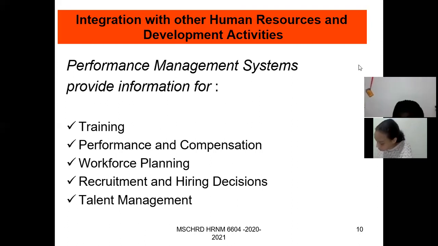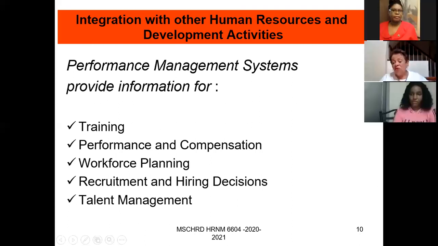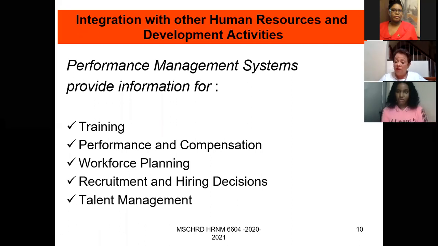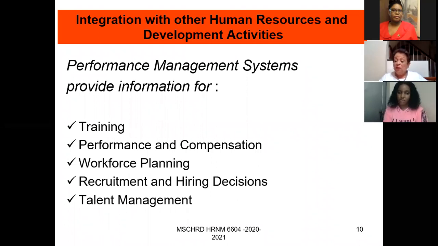You also use it immediately to decide whether to confirm somebody after the probationary period. Remember, when you hire somebody new, the law says you have a probationary period that you may apply of 3 months, which can be extended to 6 months. Now, at the end of the probationary period, you're supposed to have done a performance appraisal so that you can see whether you can confirm this person in the position.